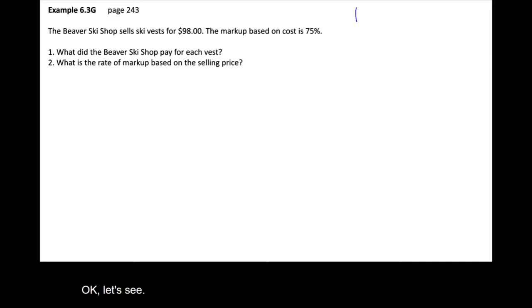So we have S is 98, and MC is 0.75. So we need to find cost.